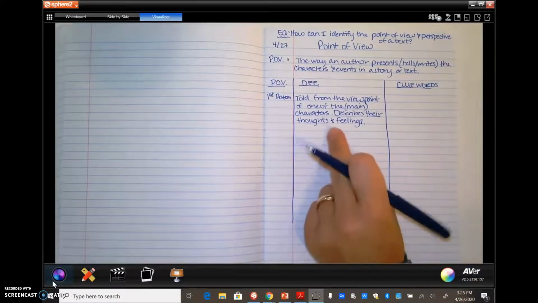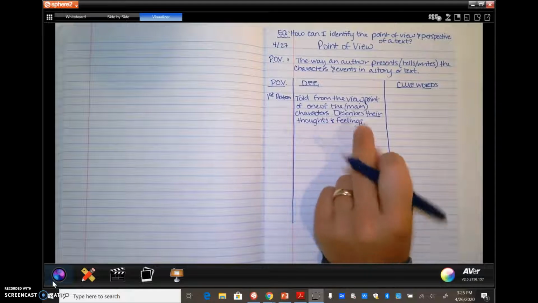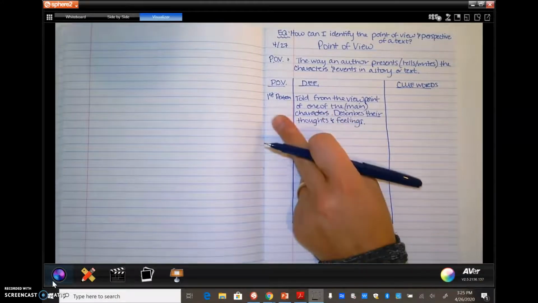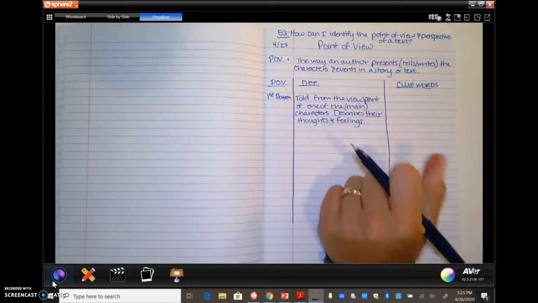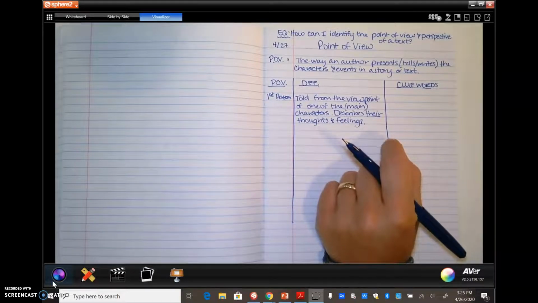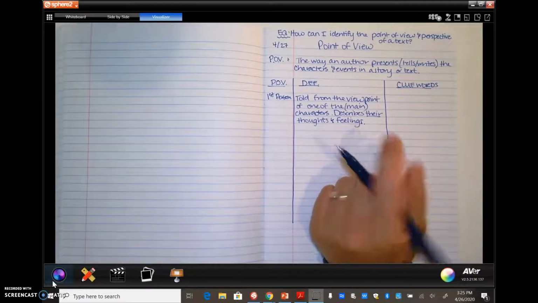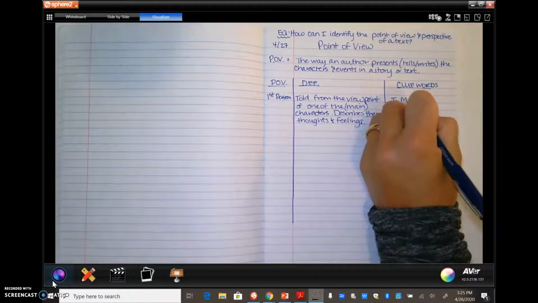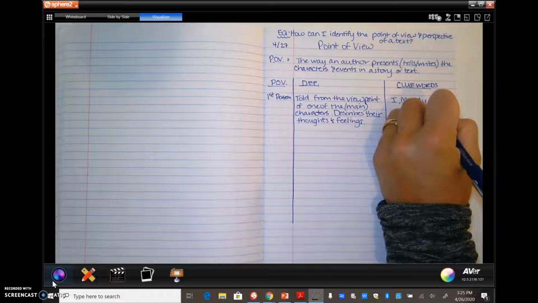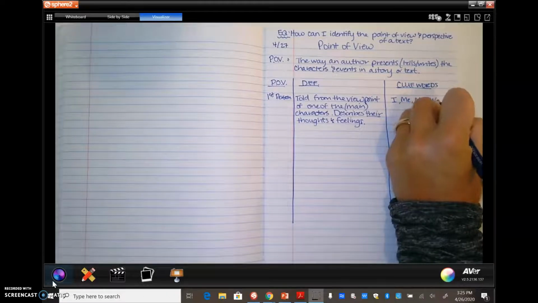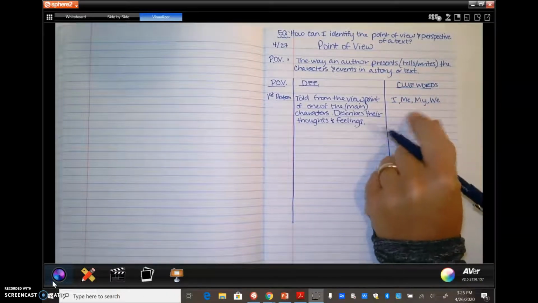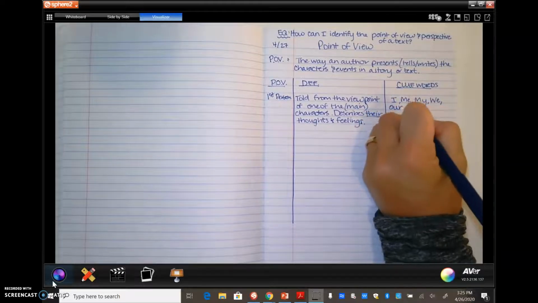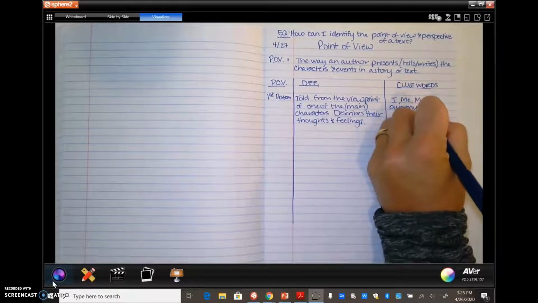Okay, so if it's from their point of view, if you were telling about the first time that you went camping and it was from your first person viewpoint, the clue words or the words that you would be using are words such as I, me, and my. Because it is, again, from your point of view. I, me, my. We is another one because it includes you and other people. Same with our. Myself.